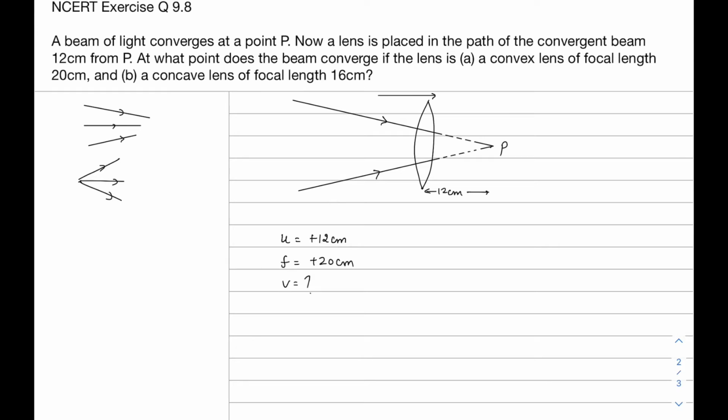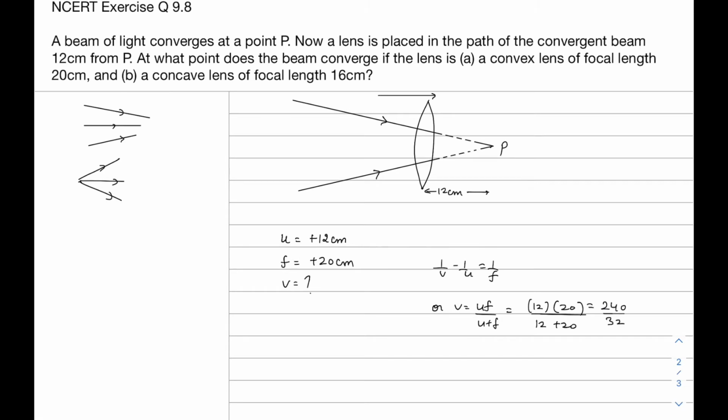So just apply the lens equation, which you write as 1 by V minus 1 by U equals to 1 by F. So you can write it like this, or you can directly, like most of the people remember, write V equals UF upon U plus F. So put it, this is plus 12 into plus 20, over 12 plus 20. So what you have, this is 240, this is 32.